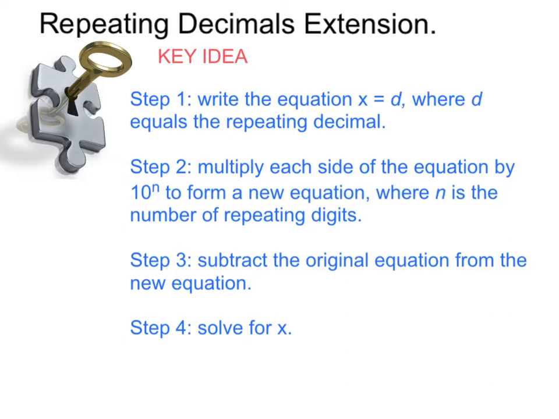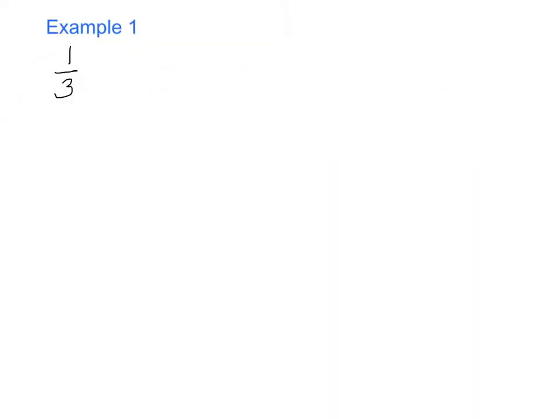So let's walk through an example, and we'll use an example that you already know and use these steps first. All right, so 1/3. Now you all know 1/3 is equal to what as a decimal? 0.3 repeating. So let's use the decimal 0.3 repeating.